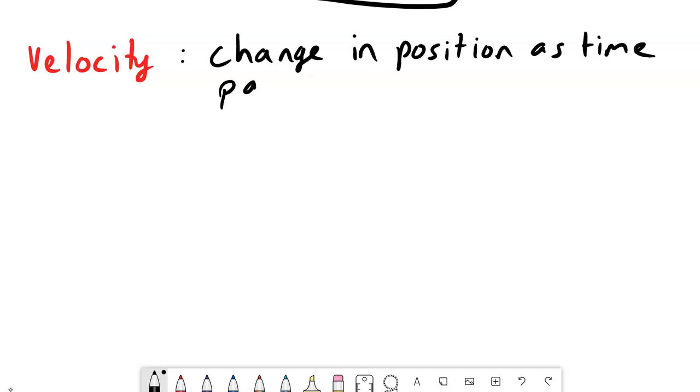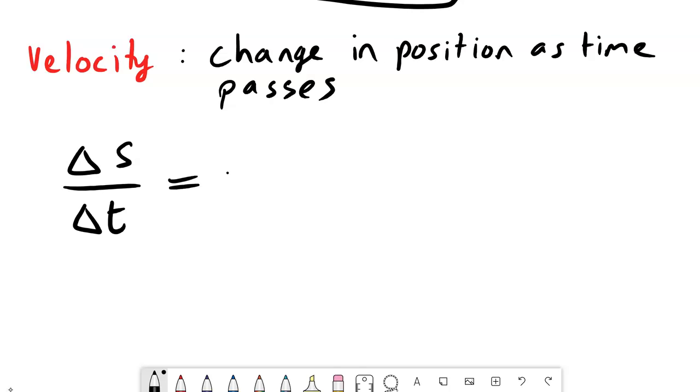What I mean by that is that we want to track the change, delta s in this case, because it's position, as time passes. So we want to divide it by the change in time. This is the definition of velocity, the average velocity, because it's not at a specific point, right?